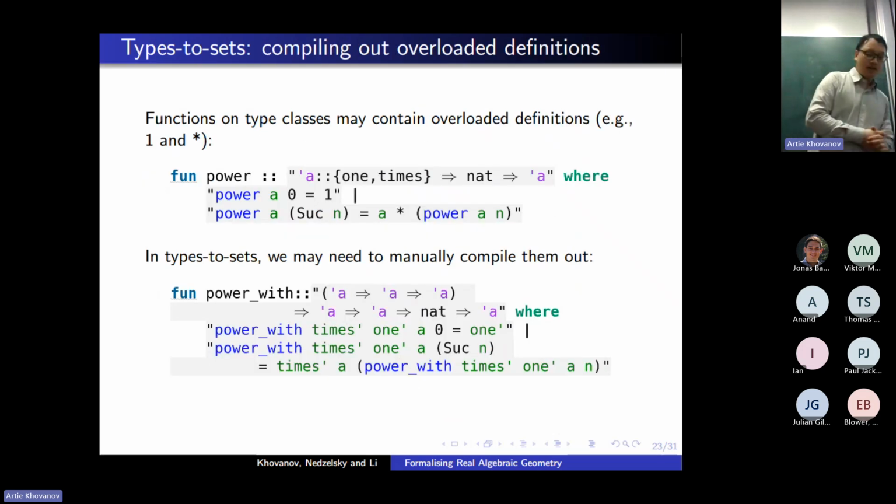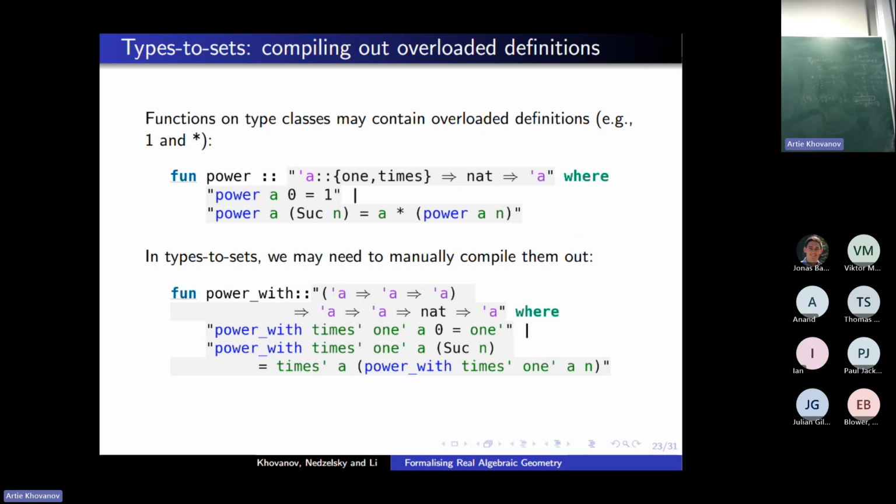Another labor we need to do in this types-to-set framework is compiling out the overloaded definitions. In type-based reasoning, there are some definitions that are embedded in the type system. For example, the definition of power, which is based on types.